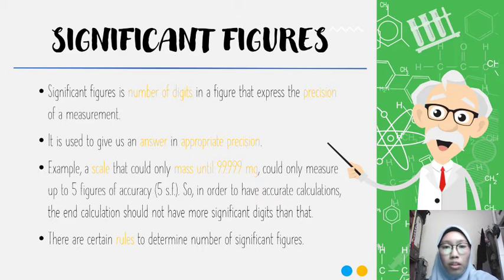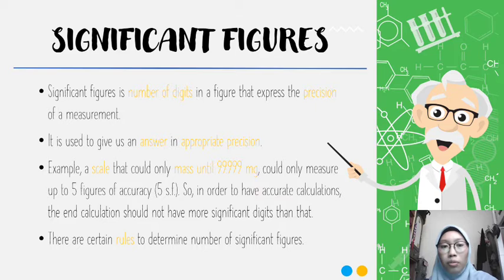The third is at the tenths, the fourth is at the hundredths, and the last is at the thousandths place value. So, in order to have an accurate calculation, the end calculation should not have more significant digits than that, which is 5 significant figures.